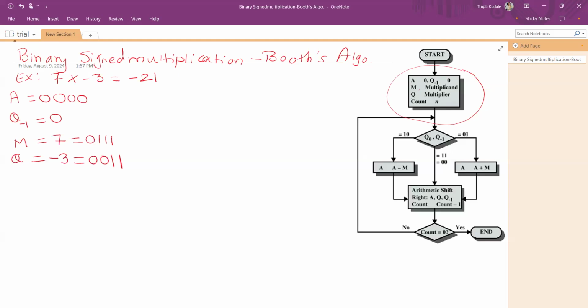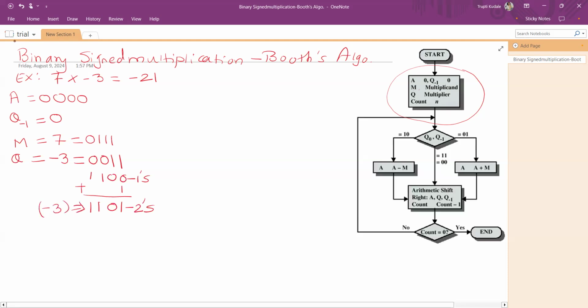So plus 3 is 0011. For minus 3, first take the 1's complement of this number by inverting each bit, then add 1 to the 1's complement, giving 1101. This is the 2's complement and the representation of minus 3. So Q will be equal to minus 3.